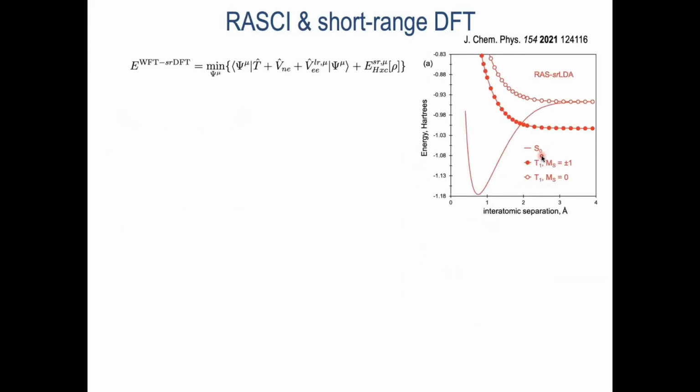So we computed the dissociation with our wave function plus short range DFT method, but now not only for the ground state singlet, but also for the triplet. But not only the ms equals 0 triplet, this one, but also the ms minus and plus 1 triplet.